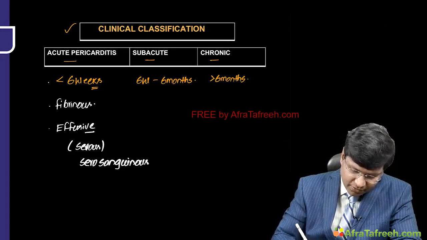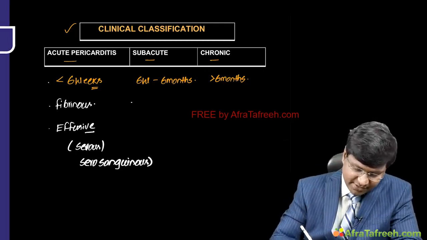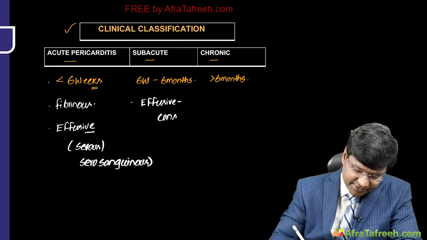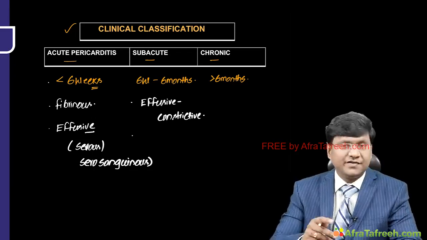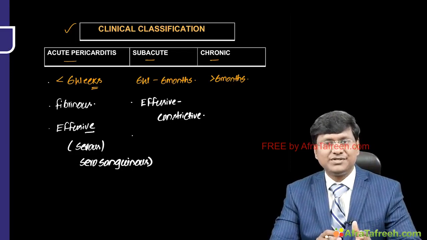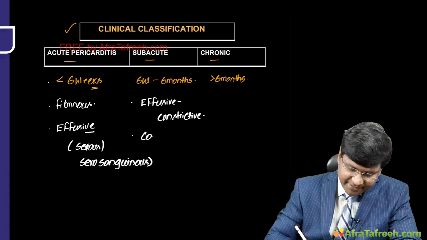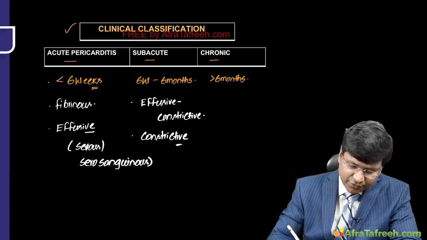Now, if you take subacute pericarditis, what are the subtypes in this? In this also we have effusive constrictive pericarditis, which means you have the pericardial effusion as well as the constrictive pericarditis. Whereas the other type is purely constrictive pericarditis, where you don't have the effusion at all.